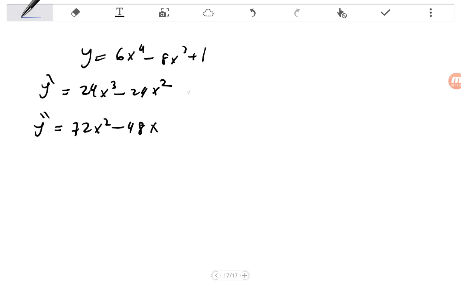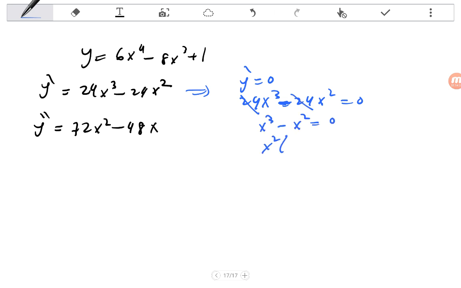We find the critical points for which y dash is equal to 0: 24x cubed minus 24x squared equals 0, so x squared common, x minus 1, so that will be 0 and 1. We have two critical points at 0 and 1.